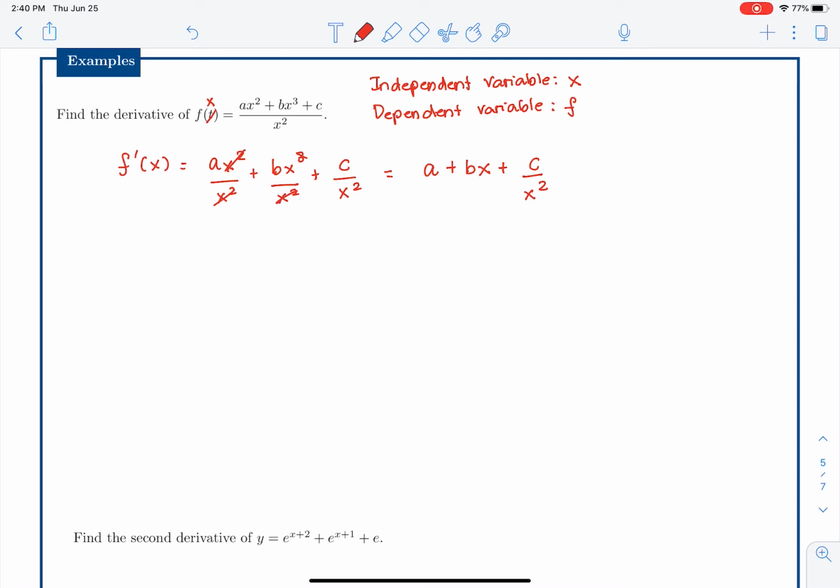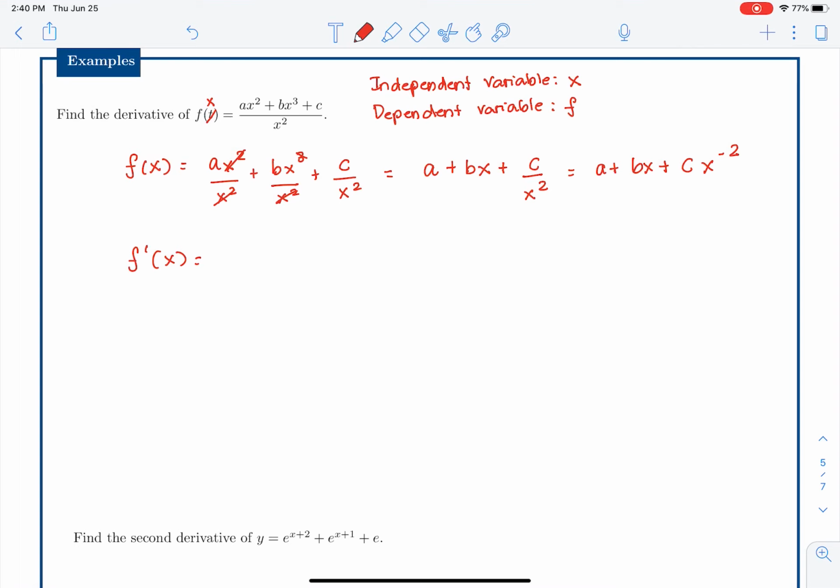From the previous problem, we can rewrite the last term as c times x raised negative 2. Here a, b and c are constants. Oh, this is not f prime of x, this is still f of x. I'm just rewriting the original function. Sorry.